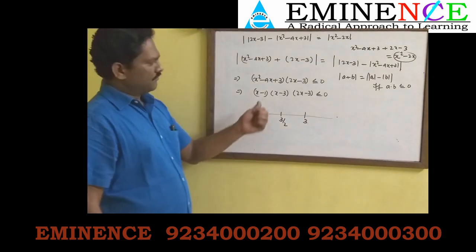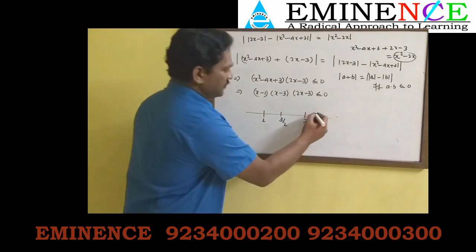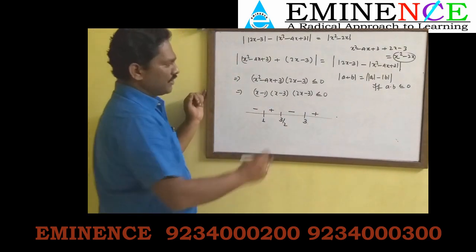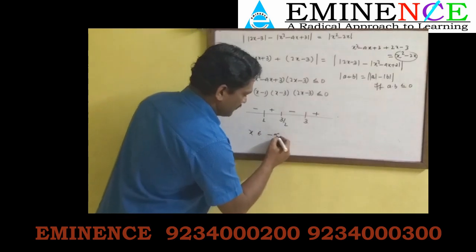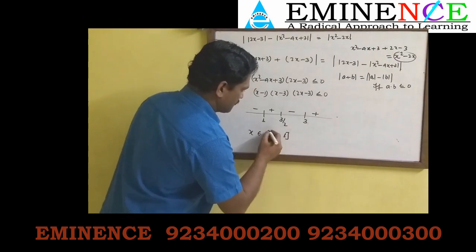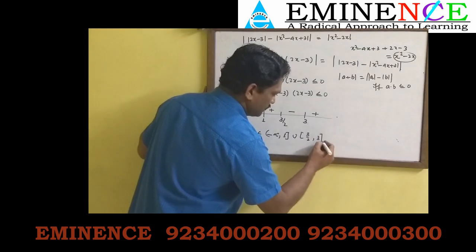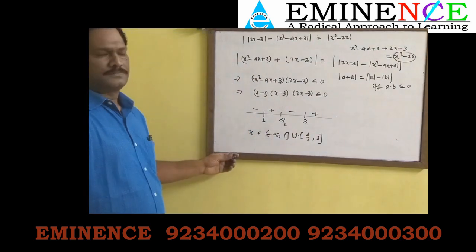If I put a value of x greater than 3, all three terms are positive. So positive, negative, positive, negative. When is this product negative? This product is negative in minus infinity to 1, union 3 by 2 to 3. So this is the solution set of this equation.